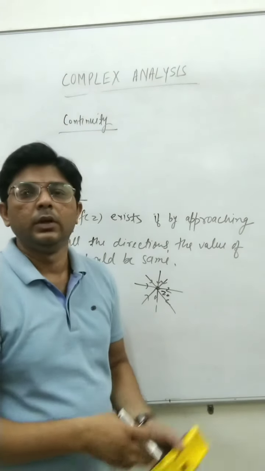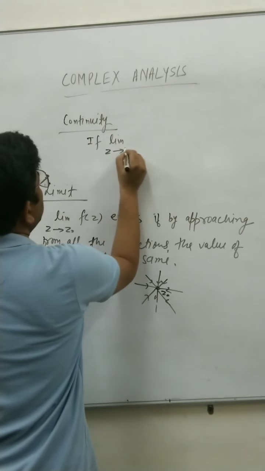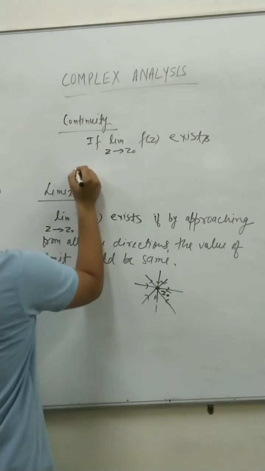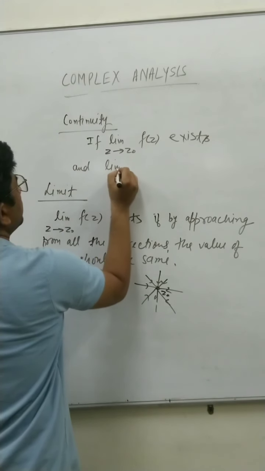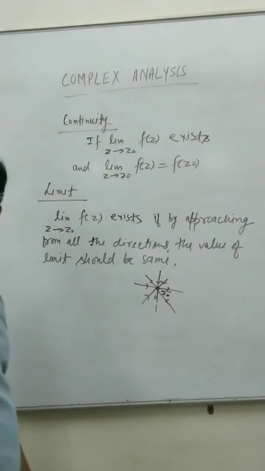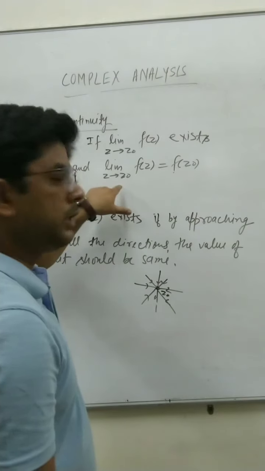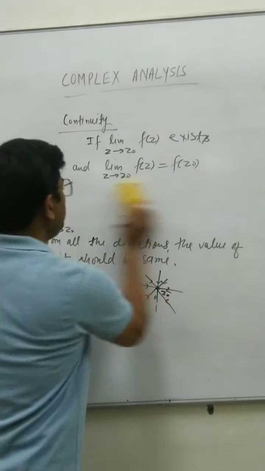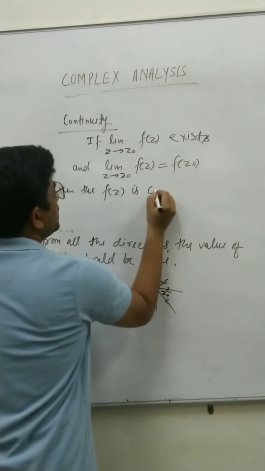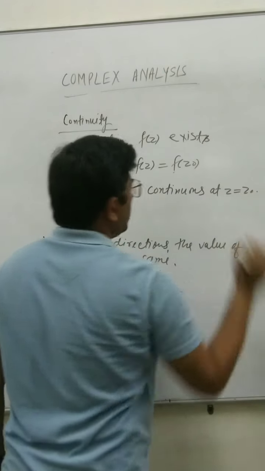If the limit as z tends to z naught of f(z) exists, and the limit as z tends to z naught of f(z) is equal to f(z naught), then the function f(z) is continuous at z equal to z naught.